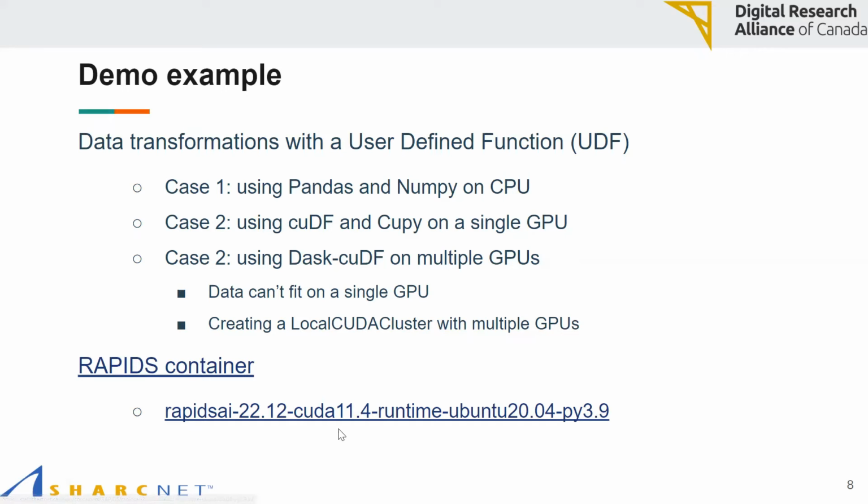And it works with the CUDA library 11.4 version and on Ubuntu 20.04 with Python 3.9. It's a runtime type of container that includes an option for interactively working with Jupyter notebooks. Okay, so you can check here.